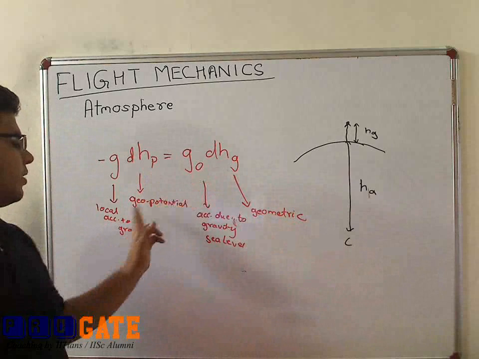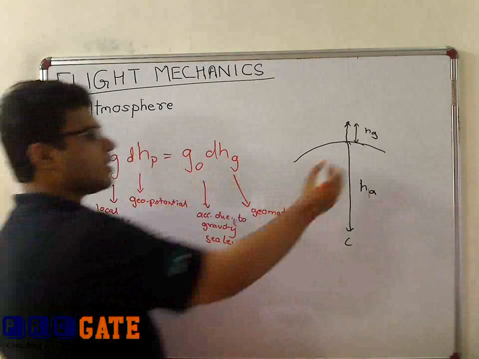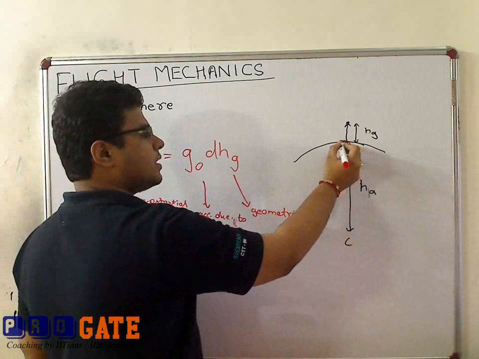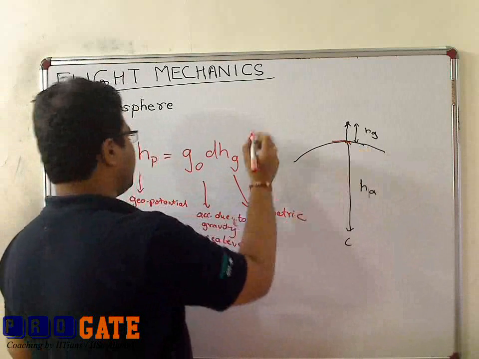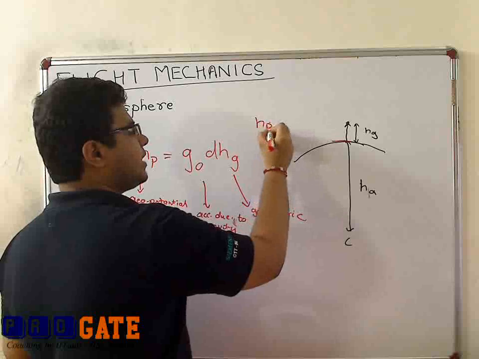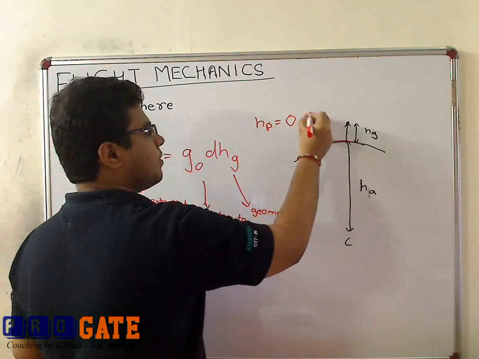Like geometric altitude, geopotential altitude also starts from the sea level. So Hp at sea level is equal to 0.